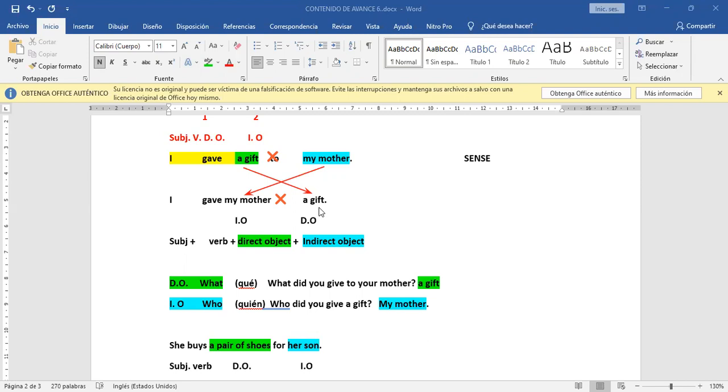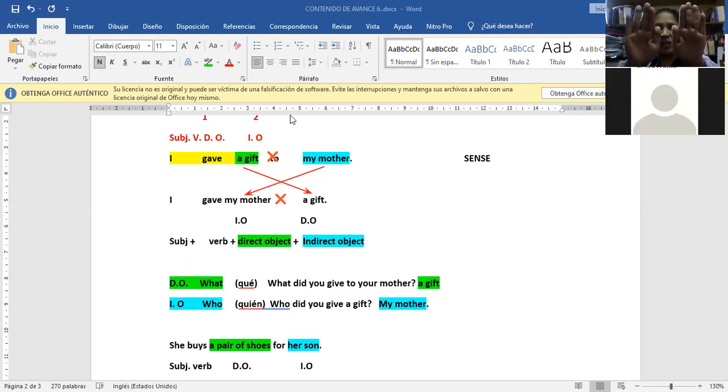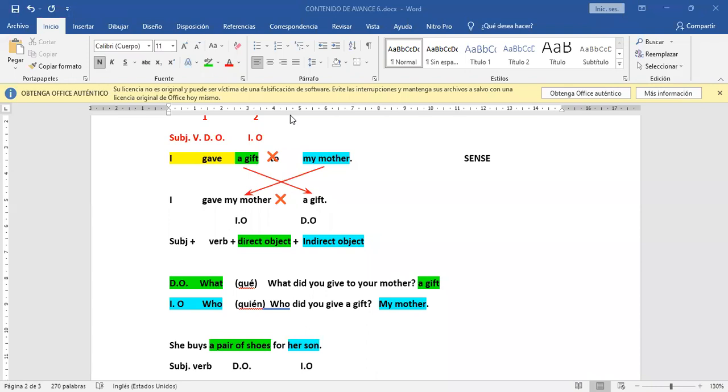We just exchange positions. It was like this; now we exchange. Now mother is first, second is gift, and the preposition to is not necessary.